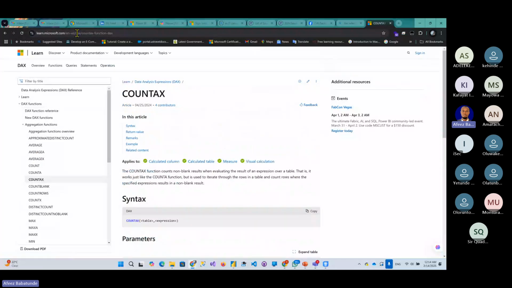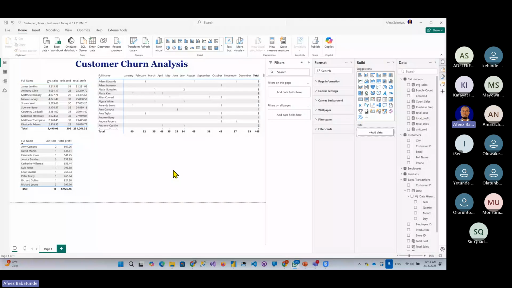So let me drop this link for you on the chat so that you will be able to also read about that. But what comes to mind is this. Anytime you want to do something as a data analyst, or not even as a data analyst alone, you have to prepare your mind like, oh, what am I doing?